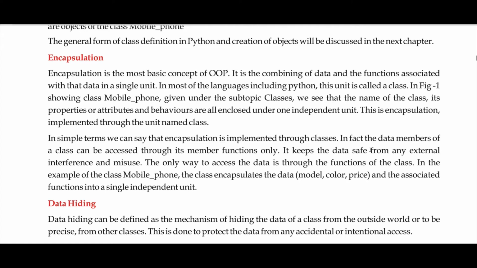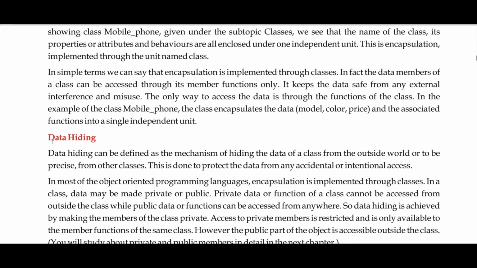Now if we go by the book, the data members of the class can be accessed through its member functions only. It keeps the data safe from any external interference and misuse. But this is not implied by default. This is something that you have to imply, which will lead to our next topic, data hiding.